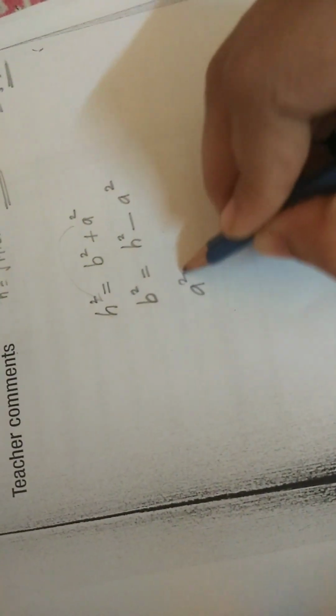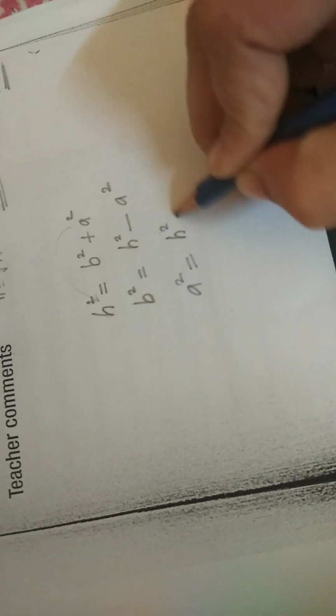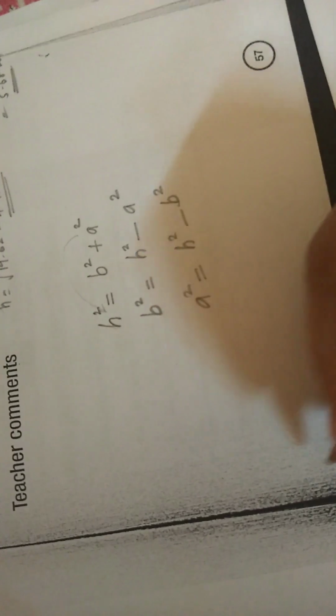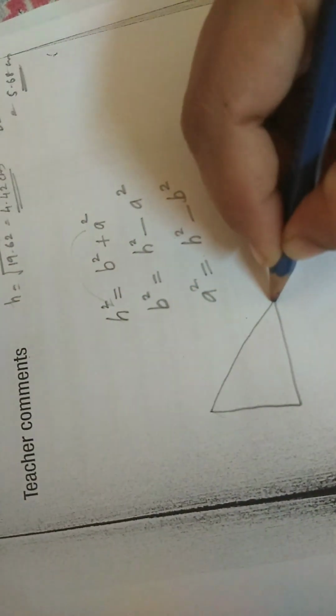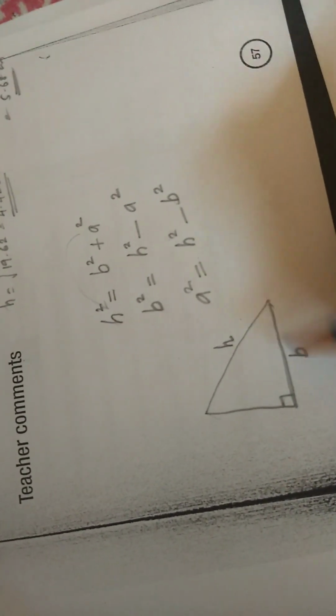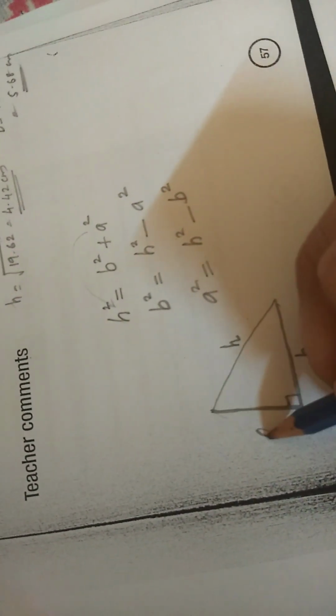If we need altitude, hypotenuse square minus base square. Then look at the picture properly, what is missing. For that you should know what is base, what's altitude, what's hypotenuse. The longest side opposite to 90 degree is hypotenuse. The down one is base and the height one is altitude. Clear? Thank you.